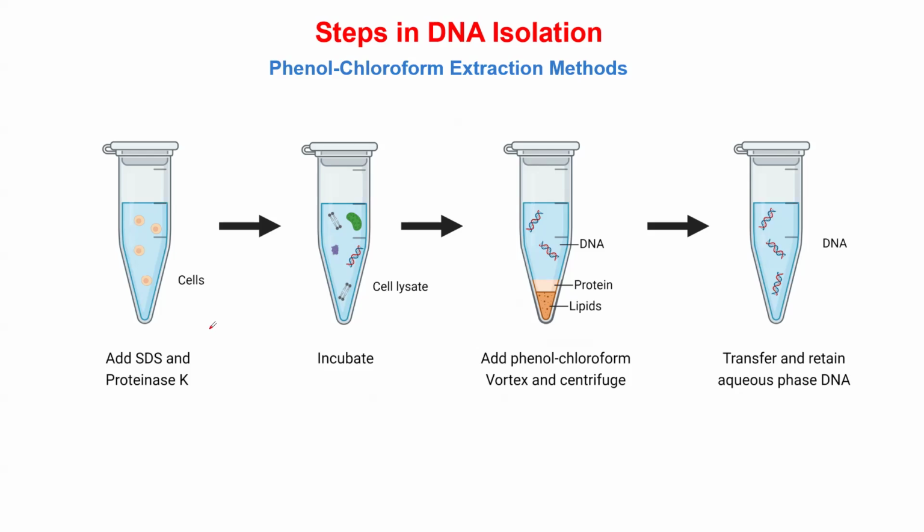After you lyse, that is, after you open up the cell, the next thing is to incubate the cellular debris. After you have your cell, you add SDS, that is sodium dodecyl sulfate, and then proteinase K. The sodium dodecyl sulfate is a chemical agent, a detergent that is used to break down the cell membrane of a cell.